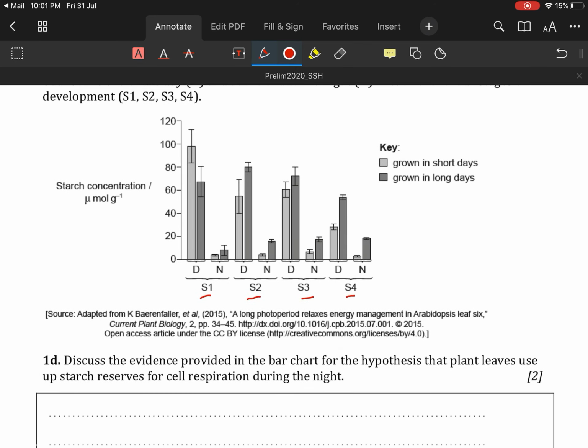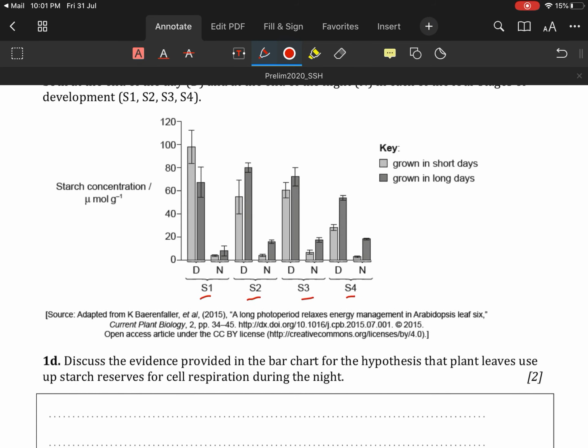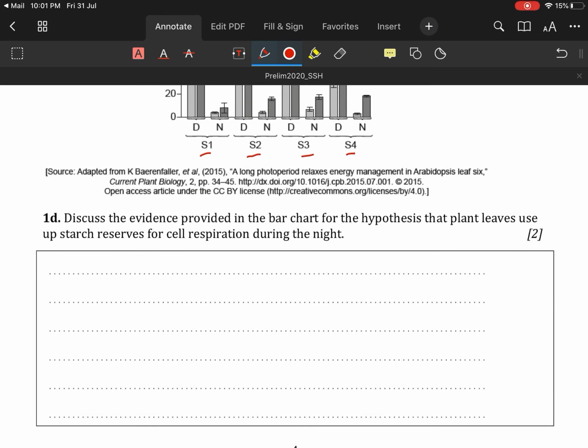Our independent variable is day and night, while our dependent variable is starch concentration, and the 2 conditions are grown in short day and long day. Discuss the evidence. Now we have a command term discuss, which gives us the liberty to support the hypothesis or to reject the hypothesis.